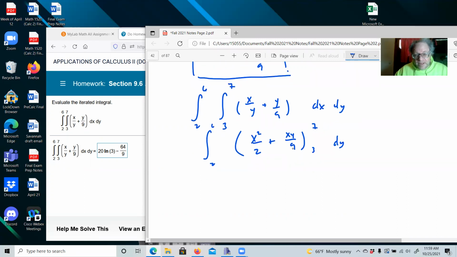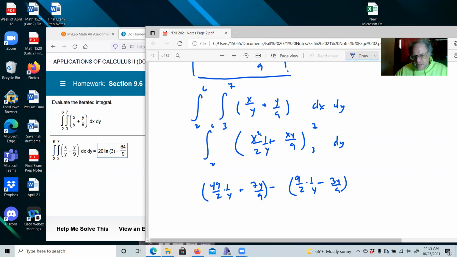Okay, so let's see what we have here. Oh, x squared over 2 times 1 over y is what I wanted. That's what I meant. So this is going to be 49 halves times 1 over y plus 7y over 9 minus 3 squared, so that's 9 over 2 times 1 over y minus 3y over 9.